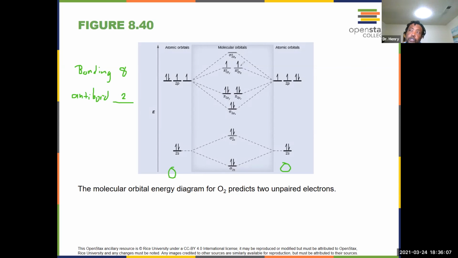That's 2 here, but what about this antibonding down here? You see it at the bottom? You have the 2 here, and then you have the 2 here, so we have 4. So 8 minus 4 divided by 2 is 2. Right? That's right, 2. And that's what we expect. It should be a double bond between oxygen, right?